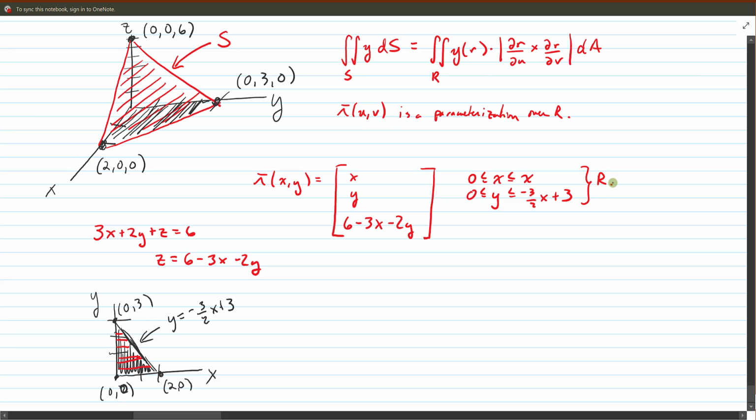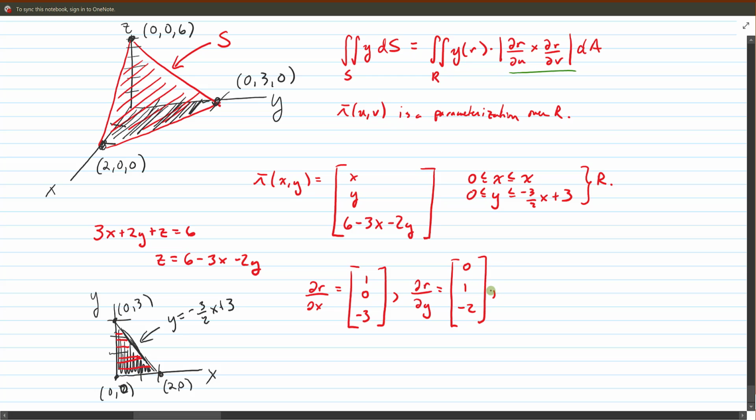We're well on our way to being able to evaluate this. Perhaps the best component is to compute this piece right here. So let's first state that partial r partial x would be the vector 1, 0, negative 3, whereas the partial r with respect to y would be the vector 0, 1, minus 2.